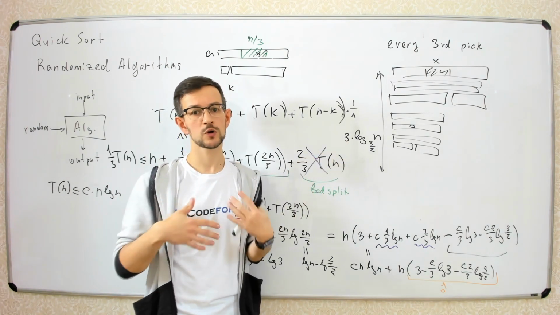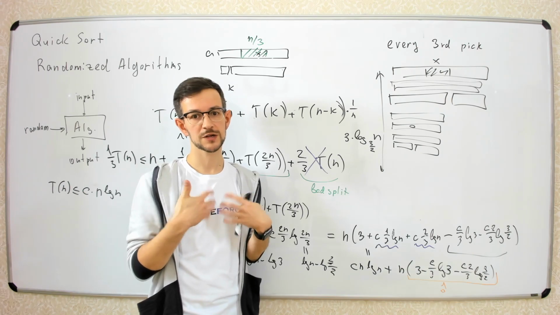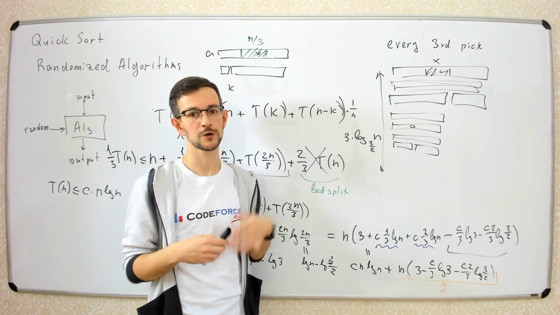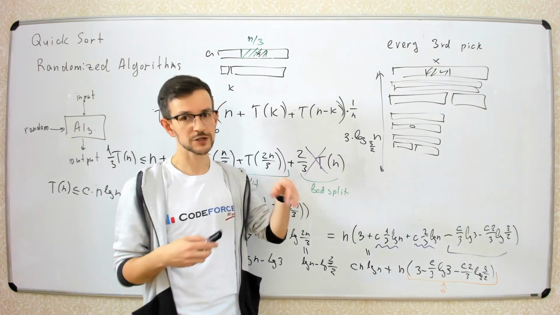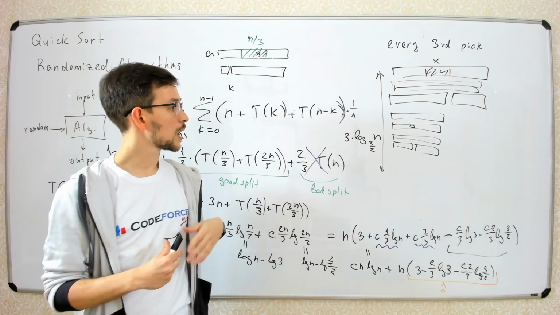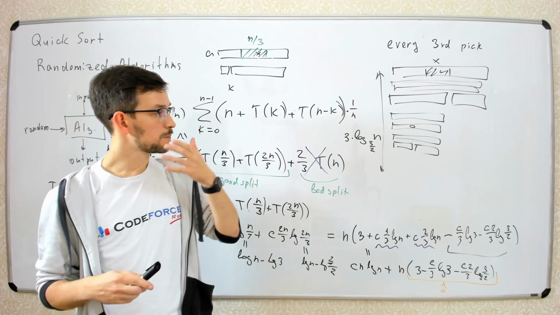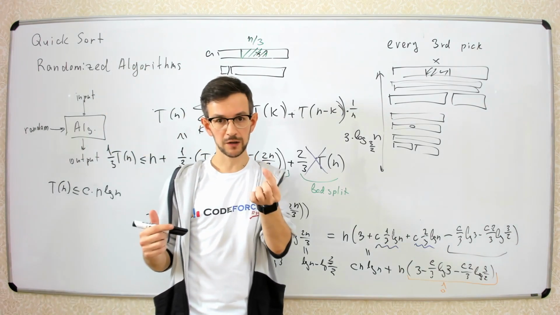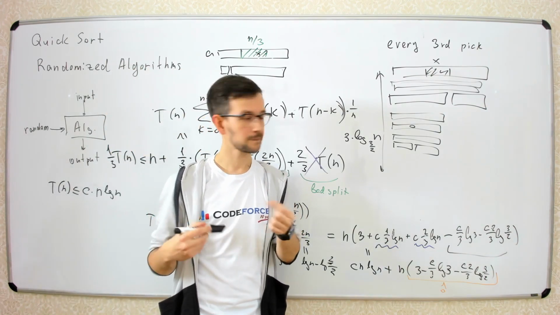In practice, you not only think about the asymptotics, but also about the constant factor. So you may want to decrease this constant factor. How can you do it? You can pick the element in the middle with better probability.